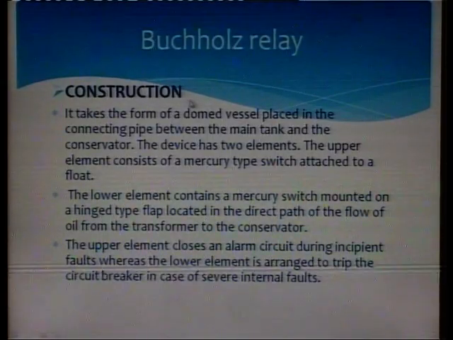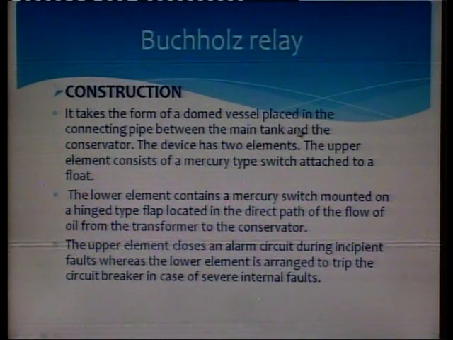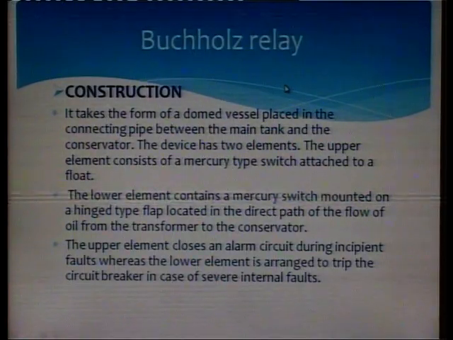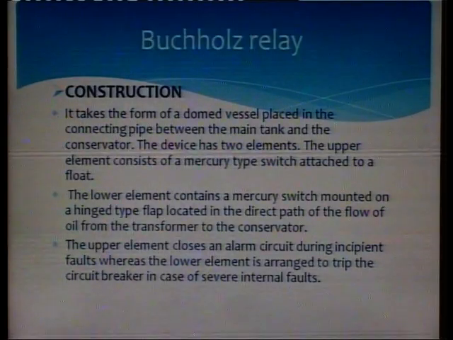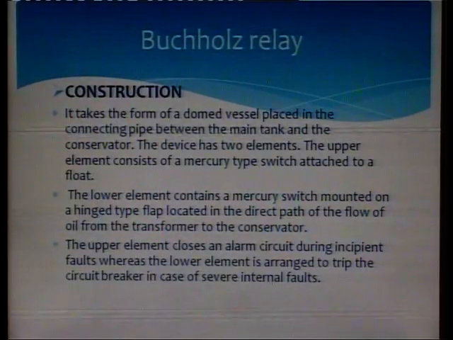Let us discuss the construction of the Buckles relay. It takes the form of a domed vessel placed in the connecting pipe between the main tank and the conservator. So remember the location of the Buckles relay: it is always connected in between the main tank and the conservator. The device has two elements.